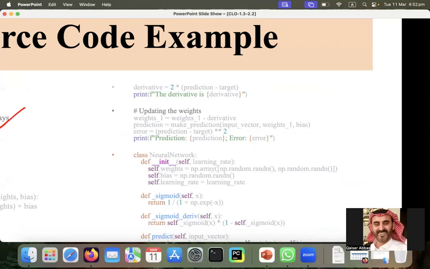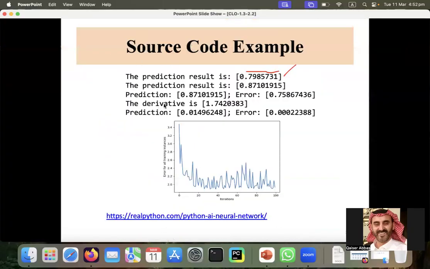You can have different formulas for that. Then you display the derivative, and you will get the value of the derivative for that first point, which you are seeing here. The derivative for this 0.87 and this error is 1.74.